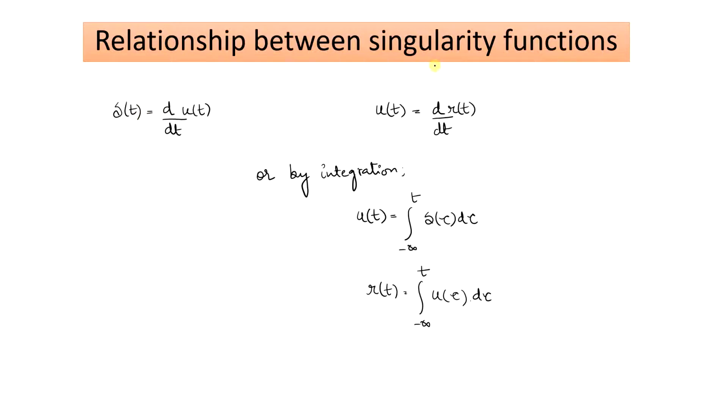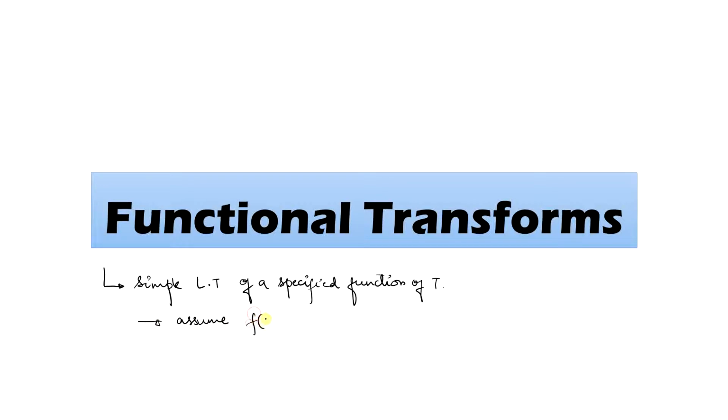Next we'll move on to the functional transforms. Functional transforms basically is the simple Laplace transform of a specified function. Here we generally assume f of t is equal to 0 for t less than 0. So this is the general assumption that f of t is equal to 0 for everything along the negative side of the axis.